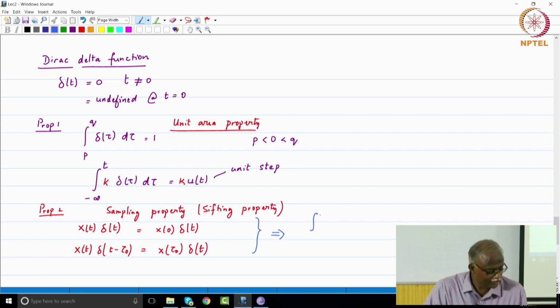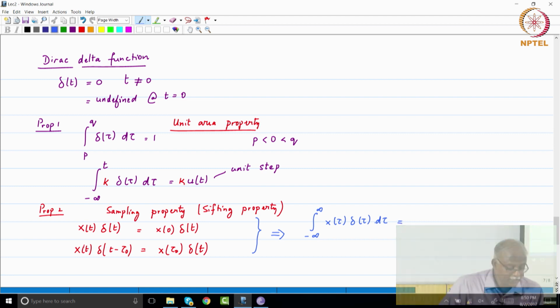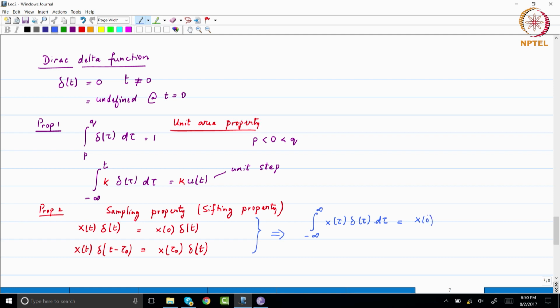You may have seen that the sampling property is defined as the integral from minus infinity to infinity of x of tau delta of tau d tau, and this is equal to x of 0, because x of 0 is a constant that comes out, and the integral from minus infinity to infinity of the Dirac delta is equal to 1.